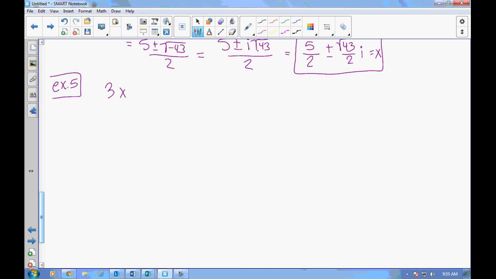Okay, 3x squared plus 10 equals 4x. Is it set up for the quadratic formula? No. Is the x squared already positive? Yes. So we're going to move everything to the x squared side, which means subtract 4x. Write it in standard form: 3x squared minus 4x plus 10 equals 0.